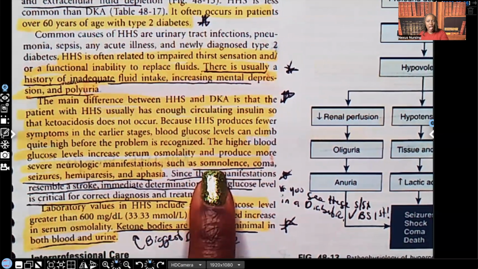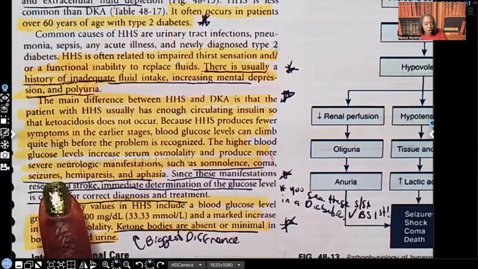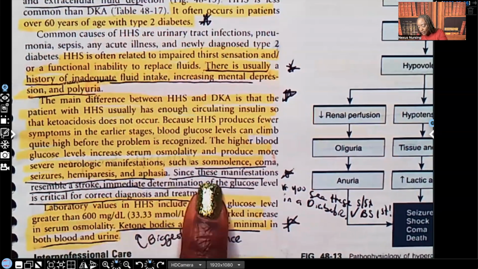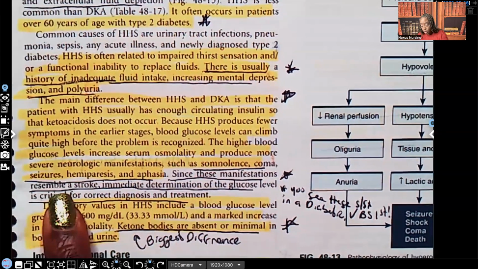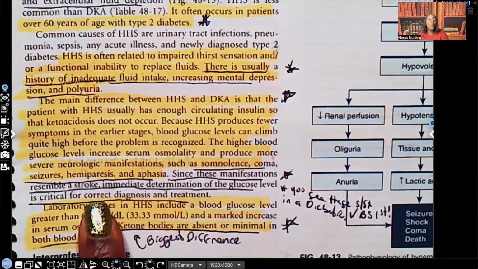This patient, they used to always be so talky, so bubbly, and all of a sudden you're blah. Coma, seizures, hemiparesis, and aphasia. Since these manifestations resemble stroke, immediate determination of the glucose level is critical for correct diagnosis and treatment. Why? Because time is of the essence.